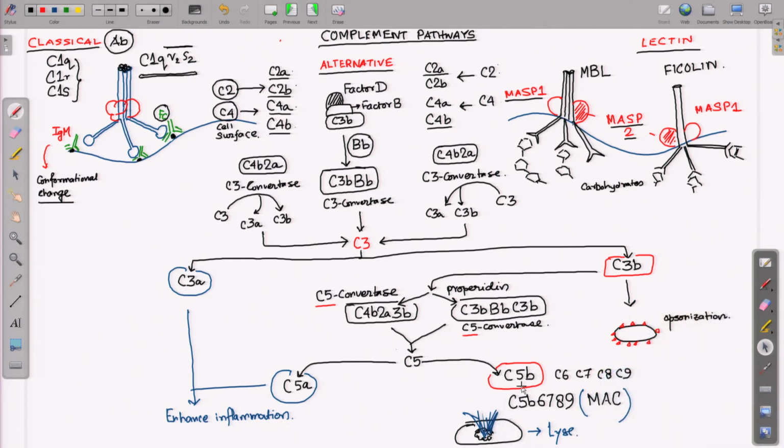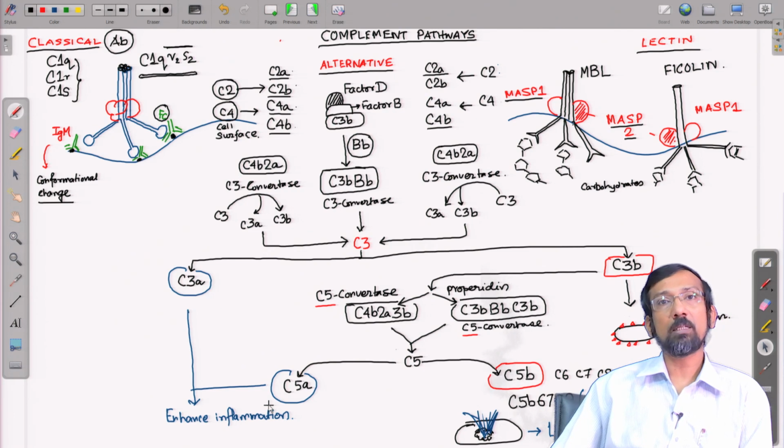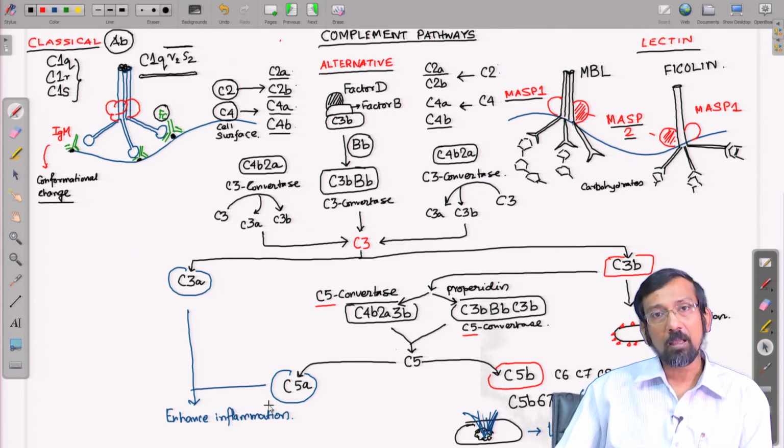Now we have come to a situation where we have a lot of C3b and we have C5b. We also have C3a and we also have C5a. Now how do all these cleavage products of the complement system finally mediate the action, or what do they do?